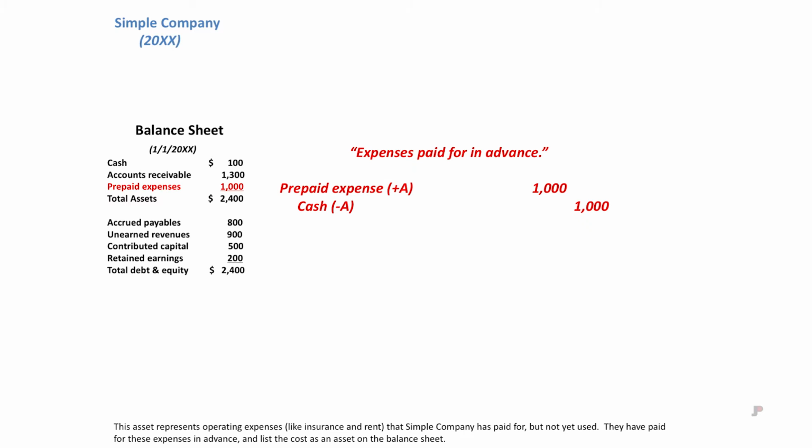Prepaid expense of $1,000. This asset represents operating expenses like insurance and rent that Simple Company has paid for but not yet used. They have paid for these expenses in advance and list the cost as an asset on the balance sheet. This leads to total assets of $2,400.